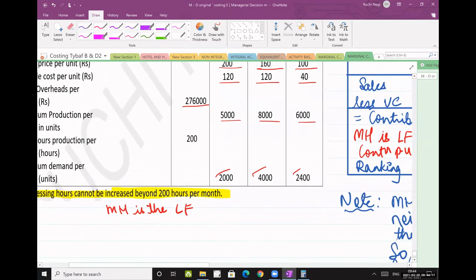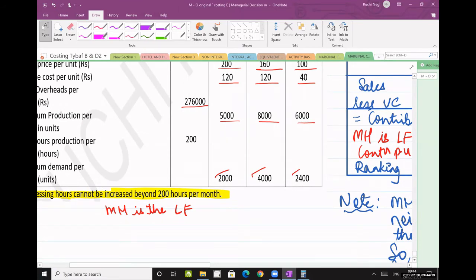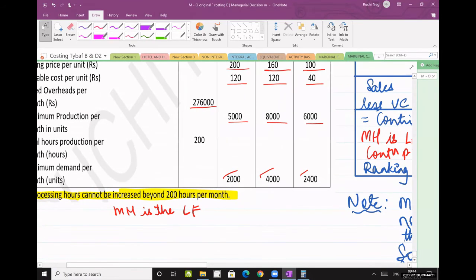Say this is 80, this is 40, and this is 80.